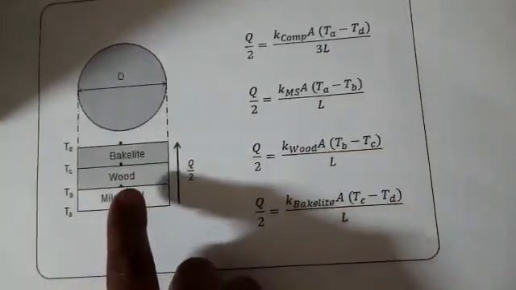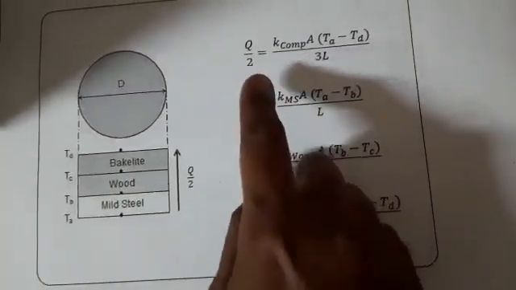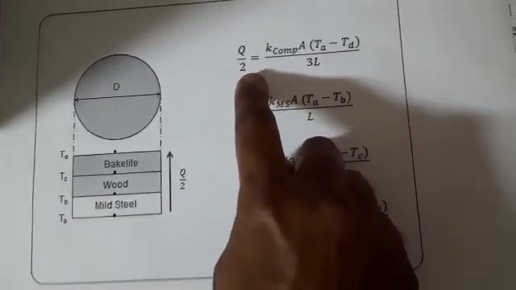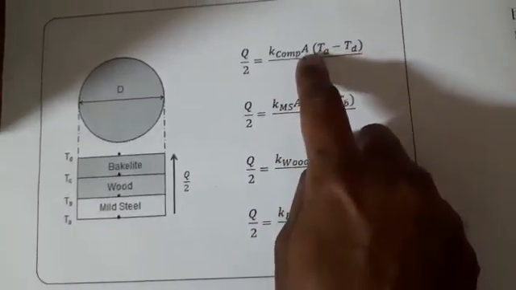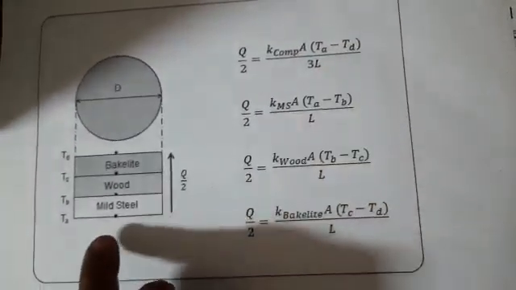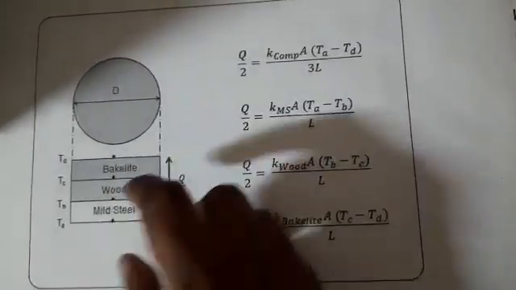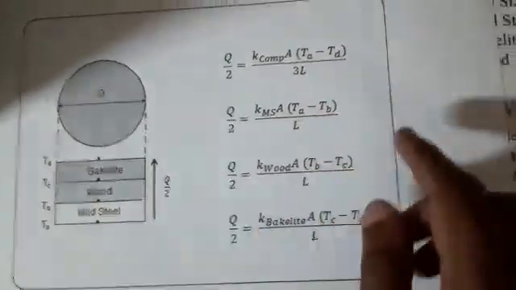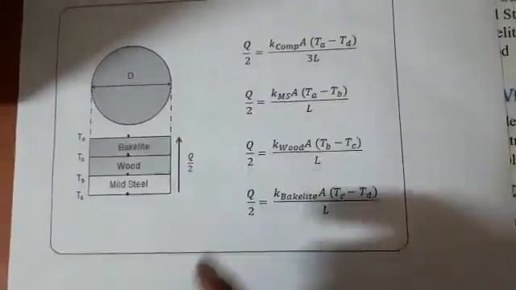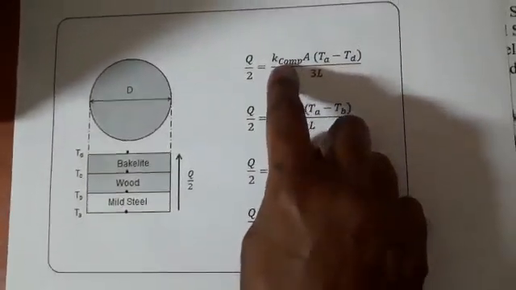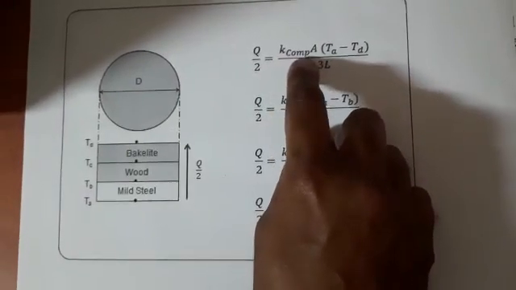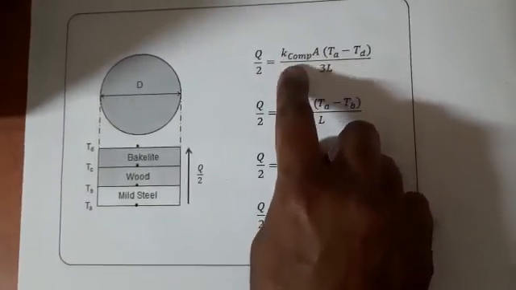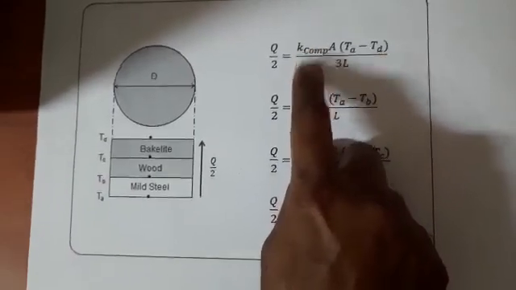So, the conductivity of the composite slab can be calculated using the expression Q by 2 equal to K composite into area into delta T, which will be TA minus TD, the total temperature difference, divided by the total thickness. So, other things are known except the conductivity of the composite slab. So, you can calculate the conductivity of the composite slab from this expression.